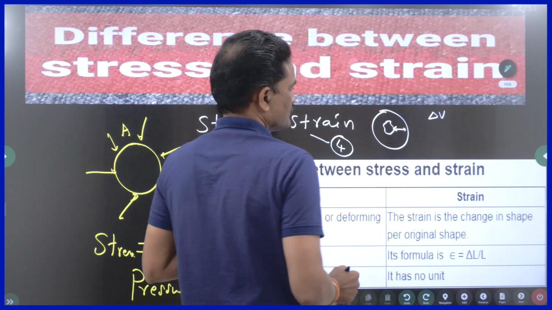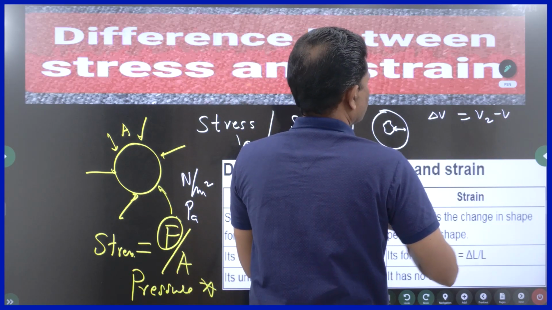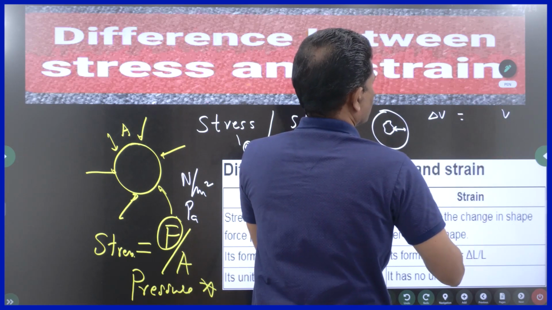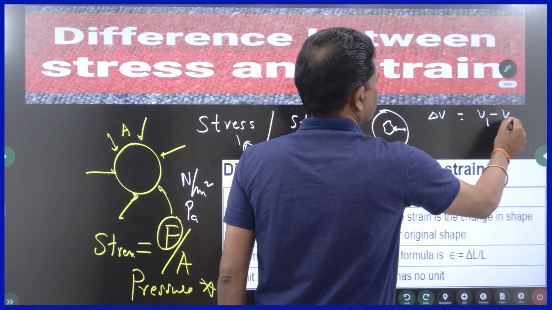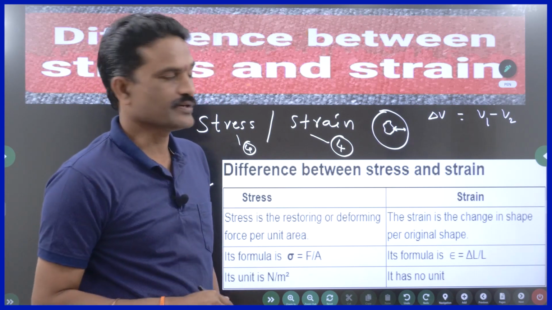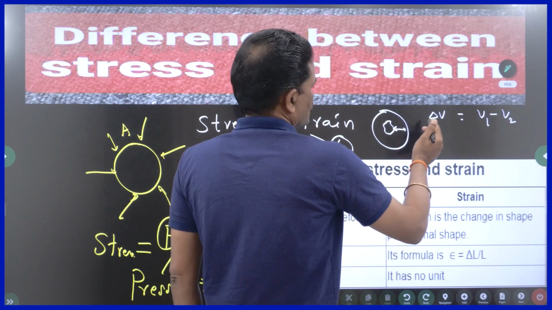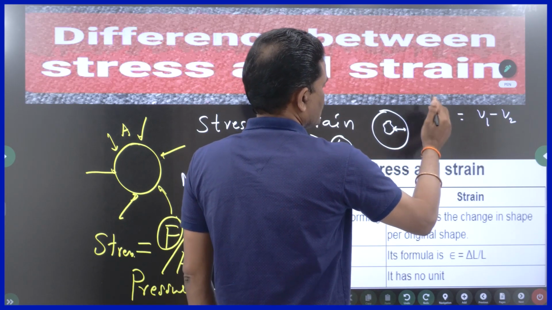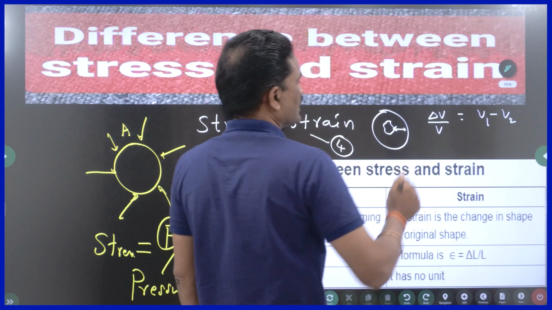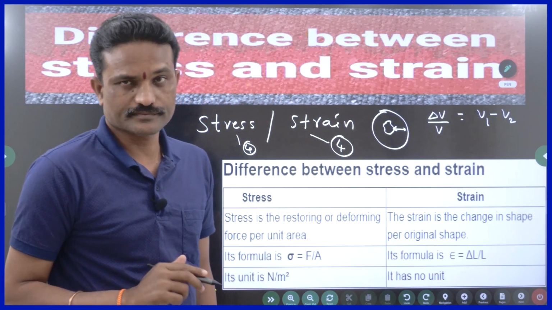That is delta V. Delta V is V1 minus V2. V1 is the initial volume, V2 is the final volume. Right. So, the change in the volume compared with the original volume is called volumetric strain.